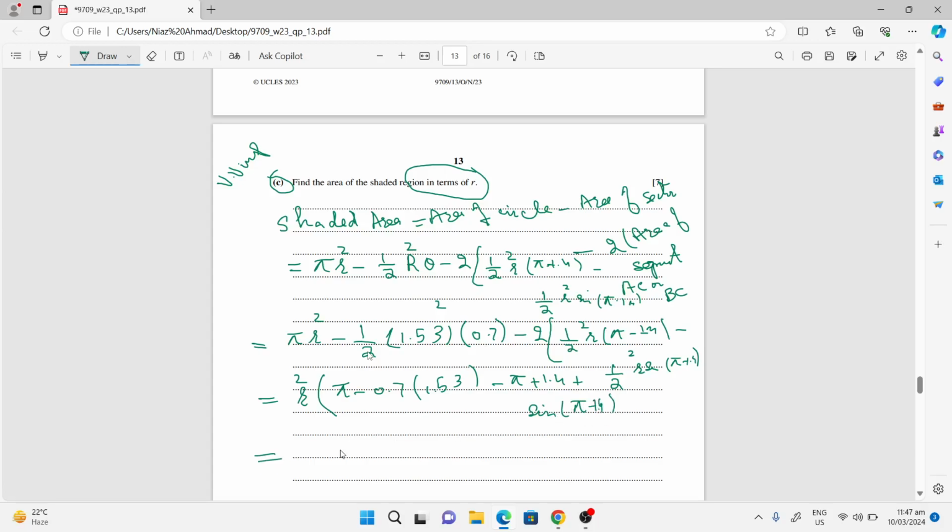So the answer of this using your calculator should come like 0.747 r square to 3 significant figures. So area is always in square units, so you can get this expression. The rest is the calculator calculation.